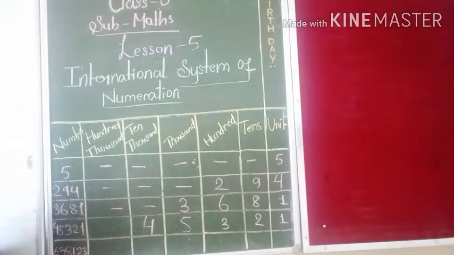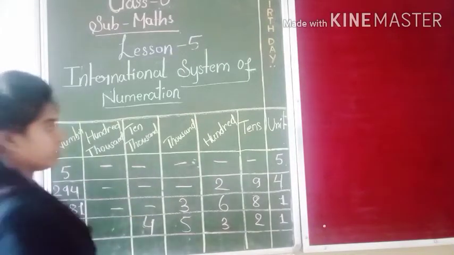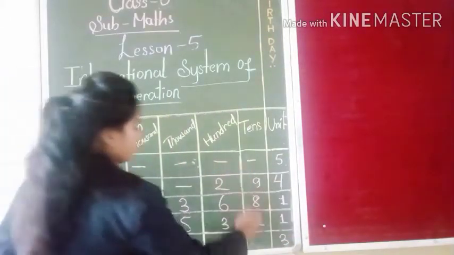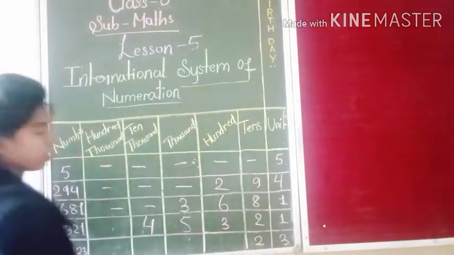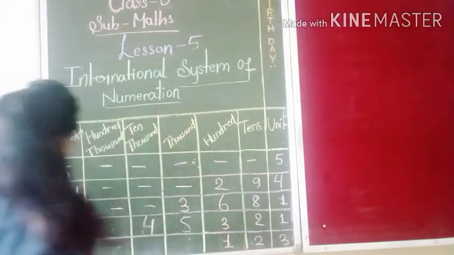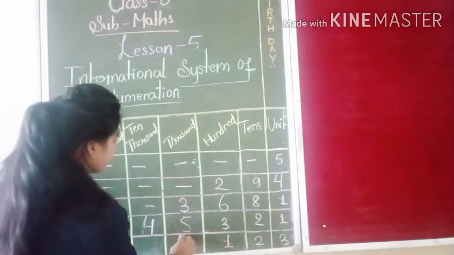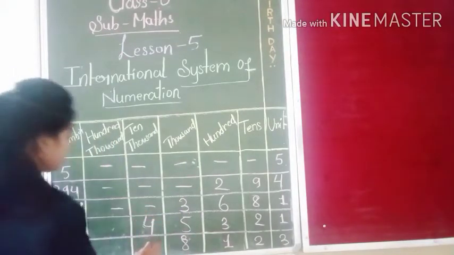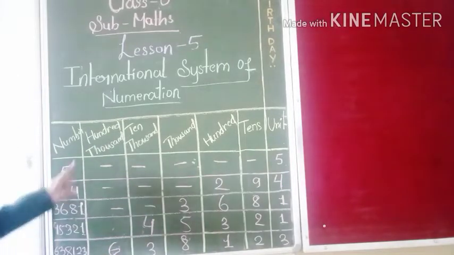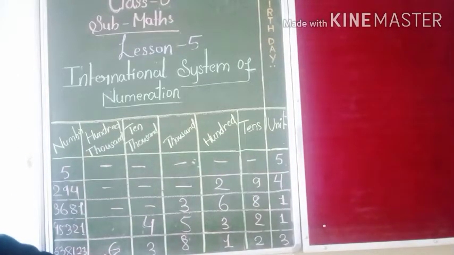So my dear students, see one more example given here: 638,123. How can I arrange this number in this table? First digit 3, we write in the units part. Then 2 in the tens part, and 1 in the 100 part. Then 8 in the thousands place, 3 in the 10,000 place, and the last one, 6, in the 100,000 place.